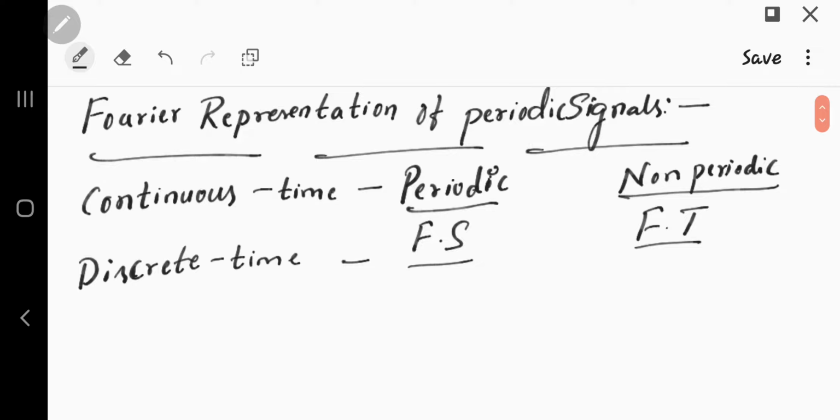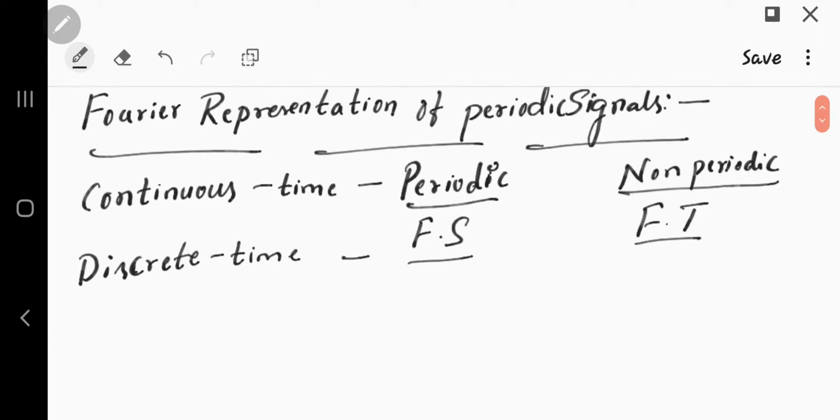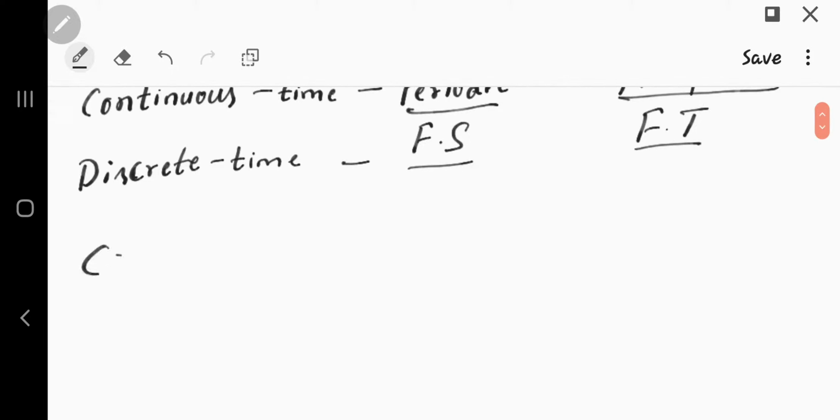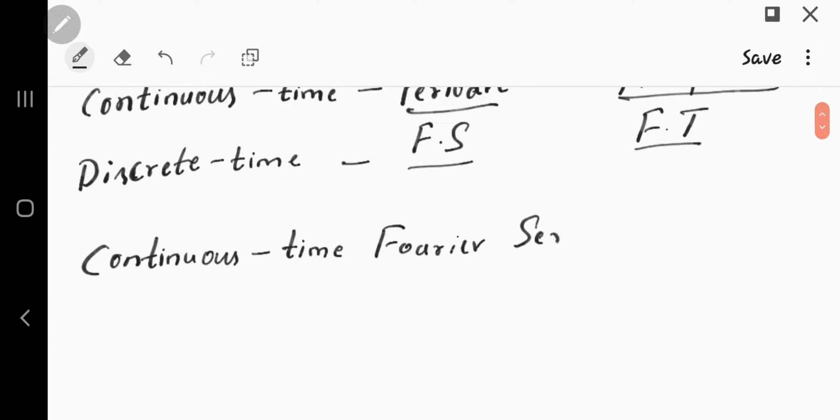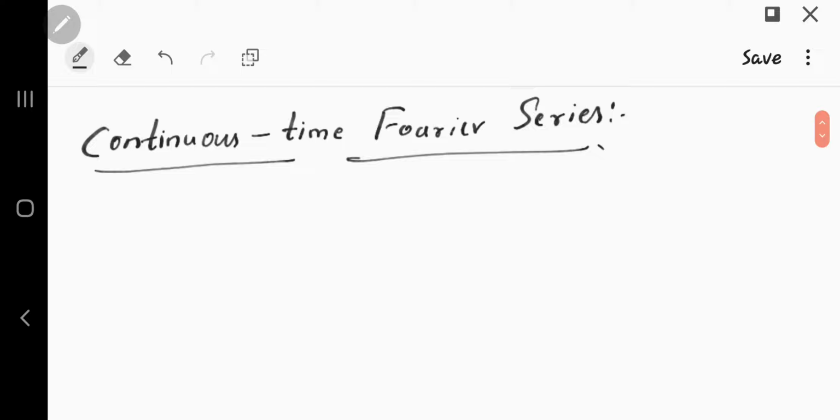As far as the syllabus is concerned, here I will be dealing with the continuous time Fourier series, and we take the properties and some examples on that as well. Now, what is this continuous time Fourier series? As the name indicates, it deals only with continuous time signals, and that too periodic signals.